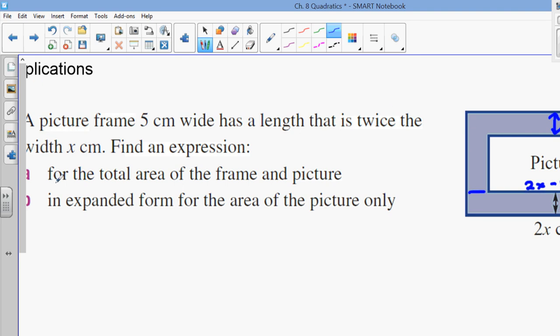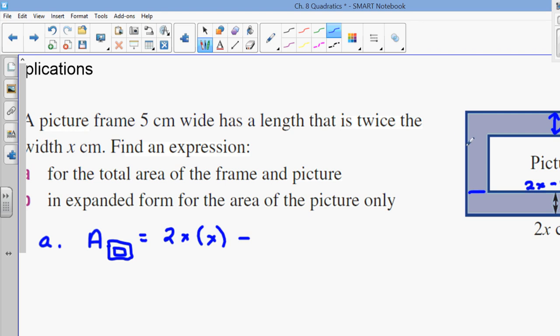So it says find an expression for the total area of the frame and the picture. So an expression for the area of the frame would be the outside minus the inside, right? Just the frame itself. So I would be taking the outside like we did last chapter, 2x by x, minus the picture.